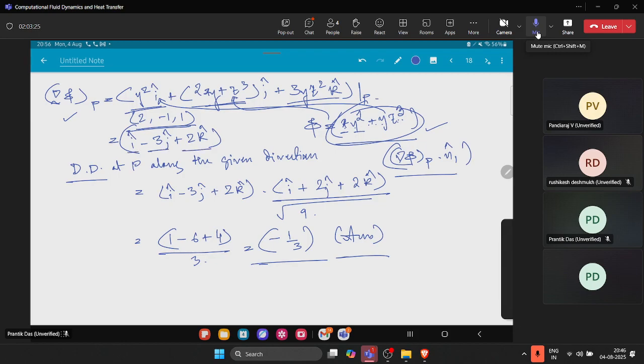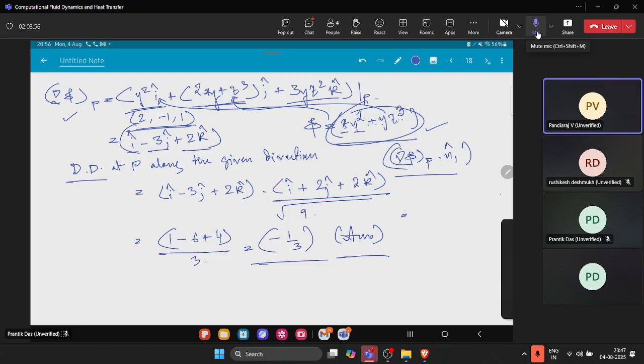I hope I am right. So this is coming to be 1. This is coming to be minus of 2, 1 minus 3 plus 8. This is coming to be 2, 2 minus 1 plus 1 cube, so it is coming to be minus 3.